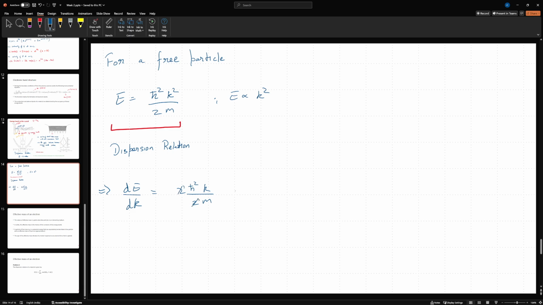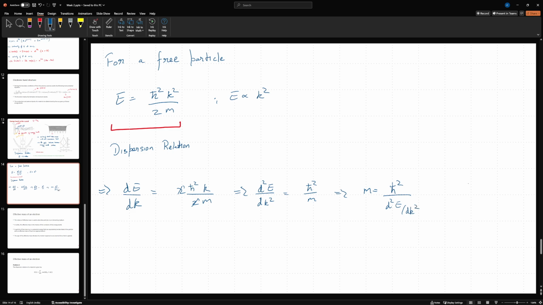And further, d squared E upon dk squared will be, the k dependence will also go, so we will be left with 1 by m. This implies m is equal to h bar squared divided by d squared E upon dk squared.